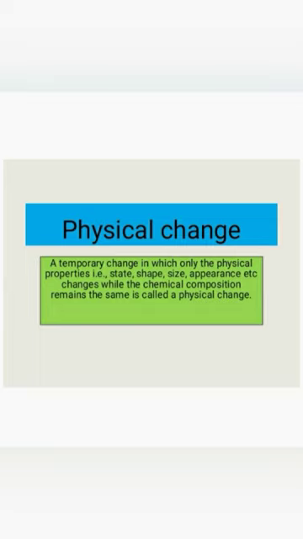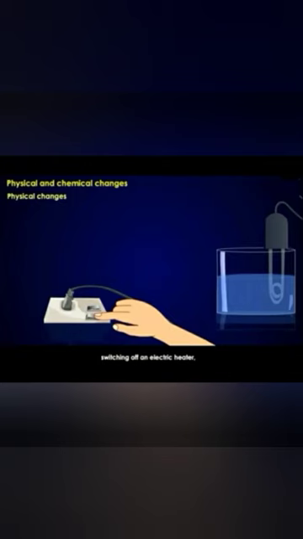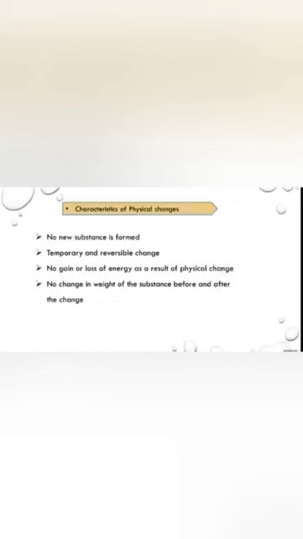Physical change. It is a temporary change in which only the physical properties, that is state, shape, size, appearance, etc. change, while the chemical composition remains the same. For example, dissolution of sugar in water, switching off an electric heater, magnetizing a knitting needle.